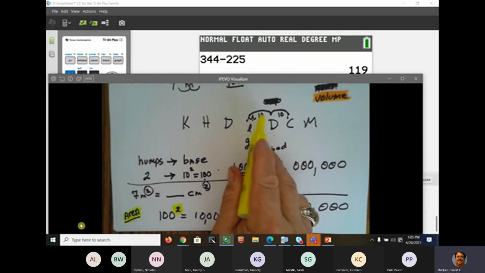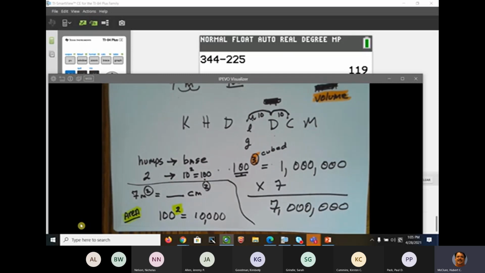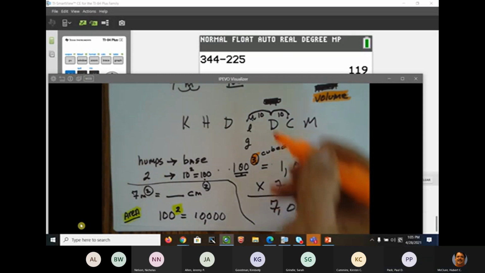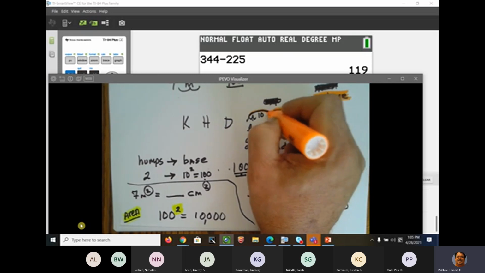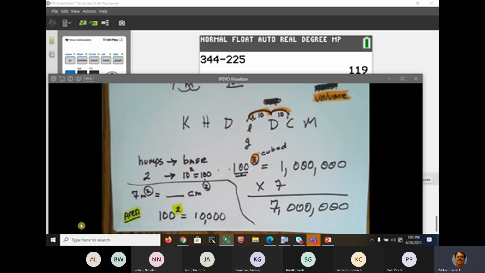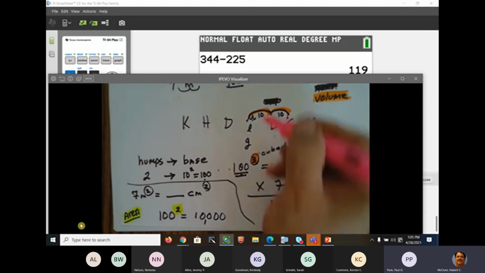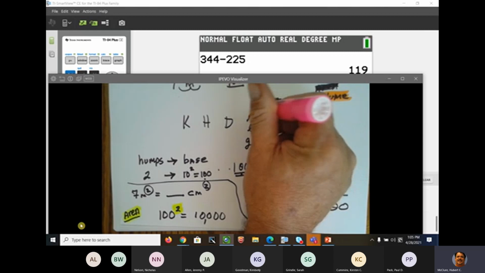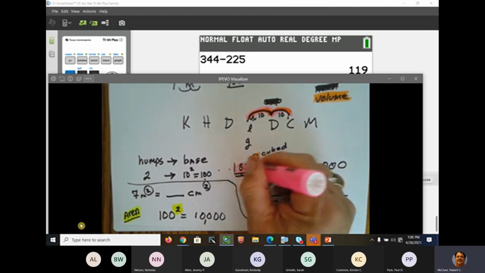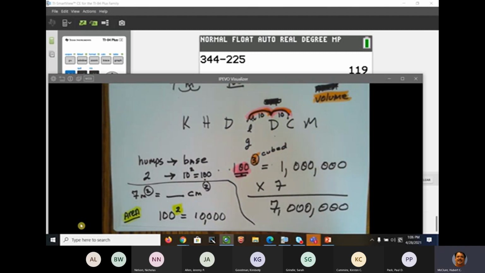The humps, these humps right here, 10 times 10. Oops, I used the wrong color. Shoot. Pink. 10 times 10 gave you the 100, just like it gave you the 100 here.